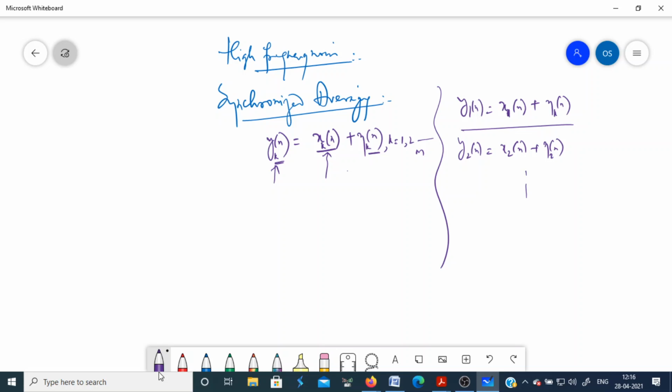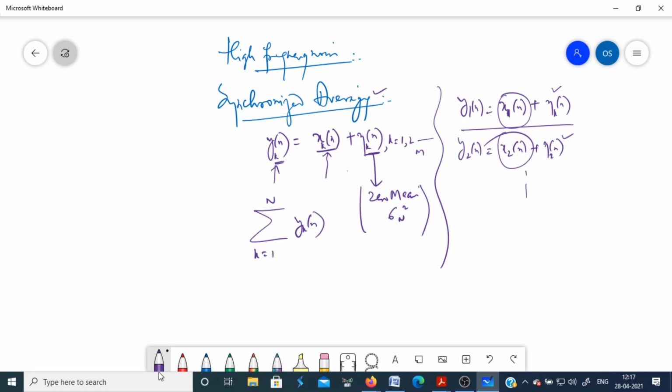Okay. So in synchronized averaging, the basic concept is that you simply add all these copies together, y_k with k from 1 to M, and we assume that this noise is zero mean noise with a variance of sigma squared. As you go on adding these signals, the original information remains the same, but every time you measure the signal, your noise will be different.